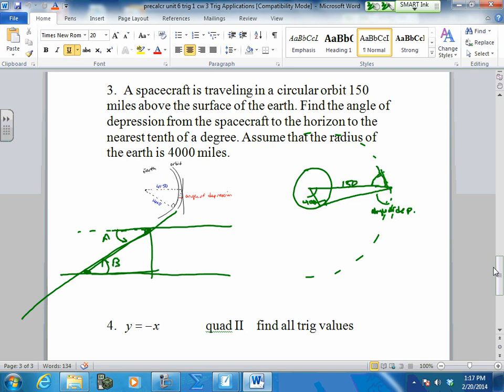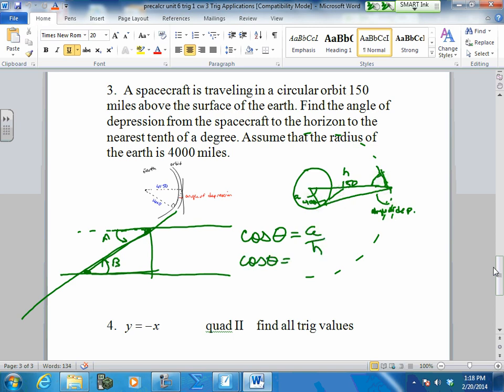Now, I'm looking at this triangle, and this is a hypotenuse, and this is an adjacent side. What function do we need? Cosine. Cosine of a missing angle is adjacent over hypotenuse.